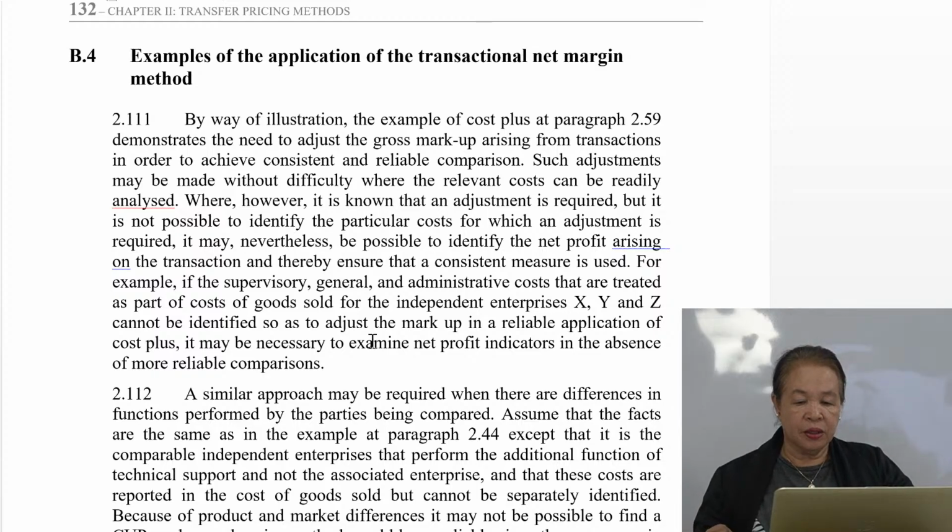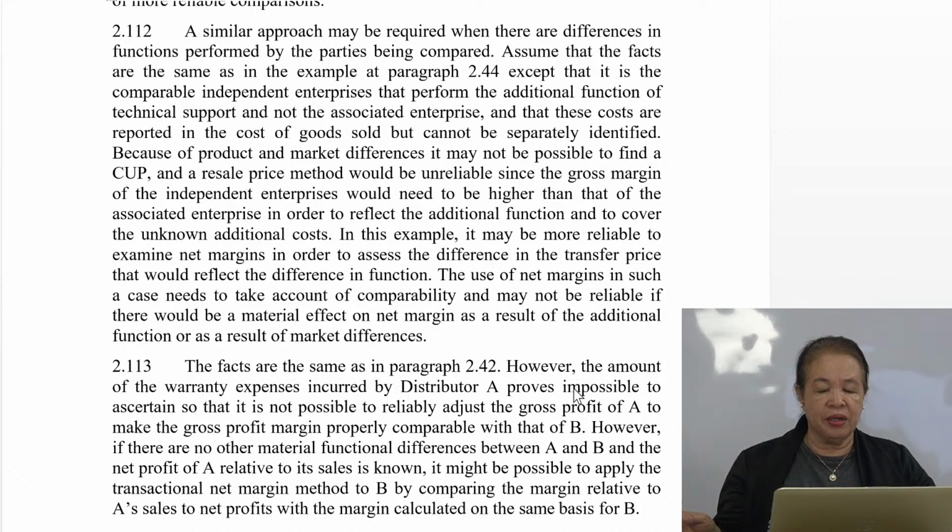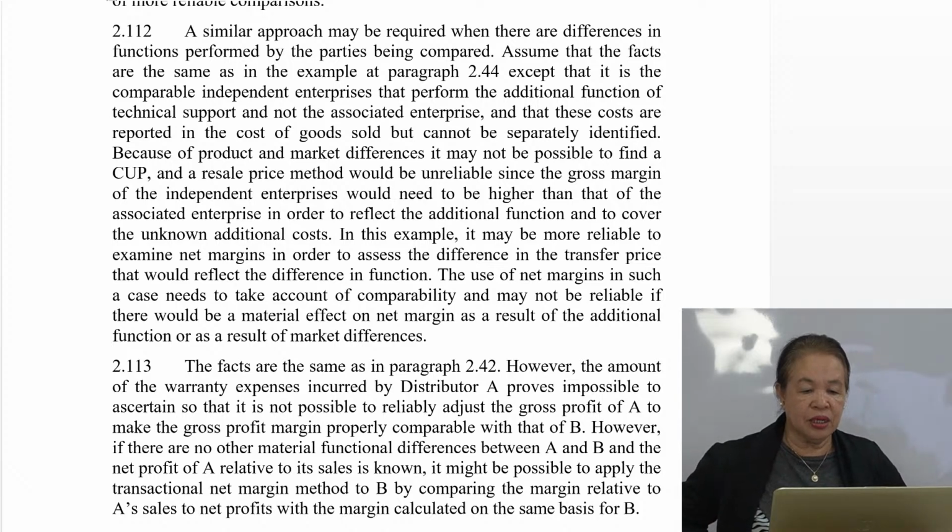So a similar approach may be required where there are differences in functions performed by the parties being compared. Assume that the facts are the same as in the example at paragraph 2.44, except that it is the comparable independent enterprises that perform the additional function of technical support and not the associated enterprise, and that these costs are reported in the cost of goods sold but cannot be separately identified.